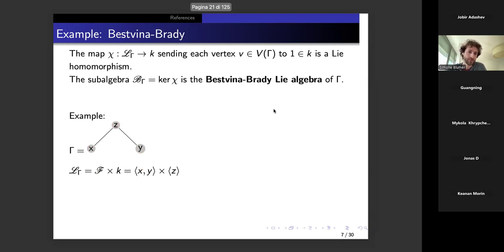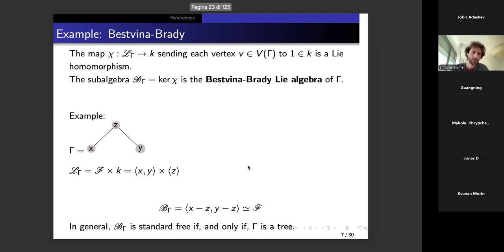And in this case, it is not hard to see that the associated Bestvina-Brady algebra is generated by two elements, and it is in fact free. In fact, in general, the Bestvina-Brady algebra is standard and free if and only if the defining graph is a tree.